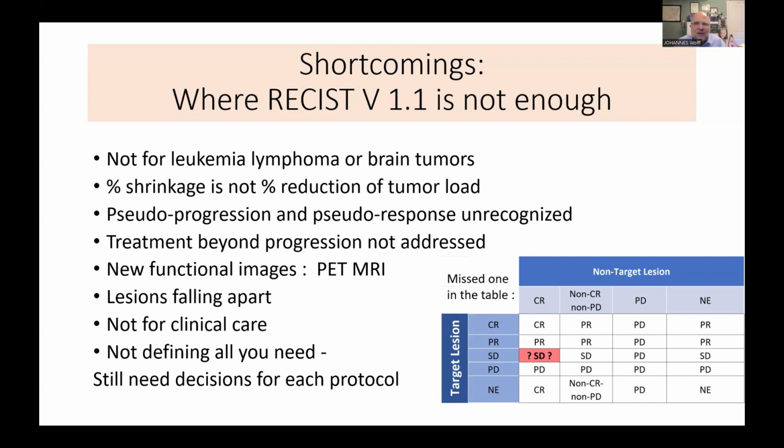Even within the paper, there are paragraphs that talk about when you should use confirmation of response and when you should not. The diseases differ from each other. It's not enough to just say we're going to use version 1.1.